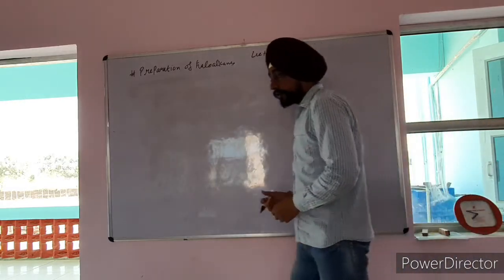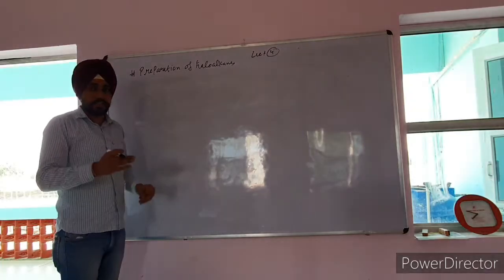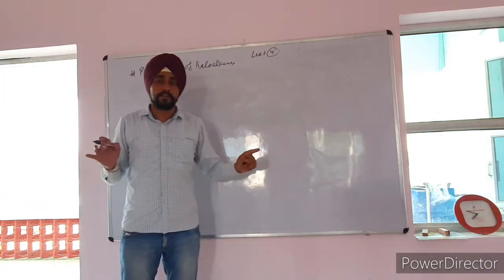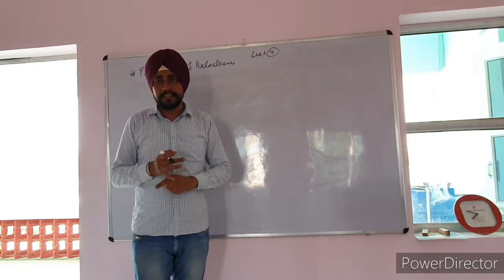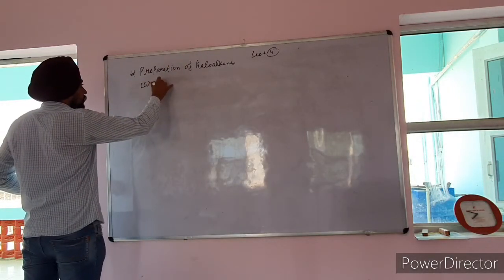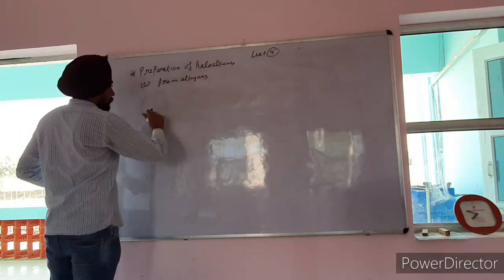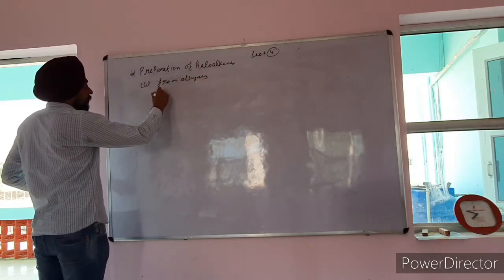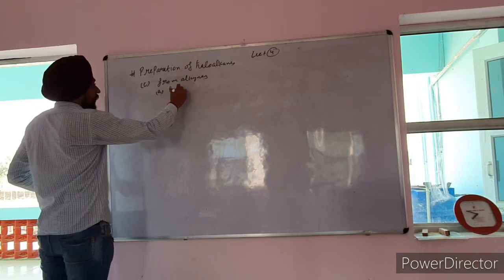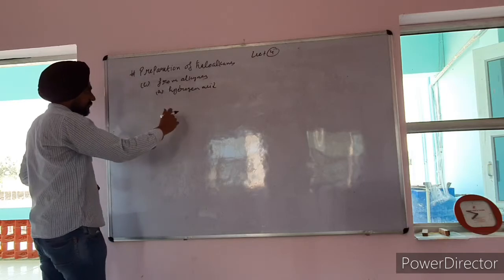Okay, dear students, we are doing preparation of haloalkanes from hydrocarbons. We did it with alkenes, and now we do it with alkynes. First with hydrogen acids, just the same as alkenes.